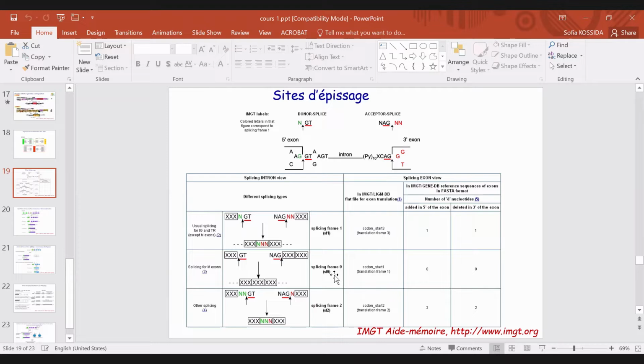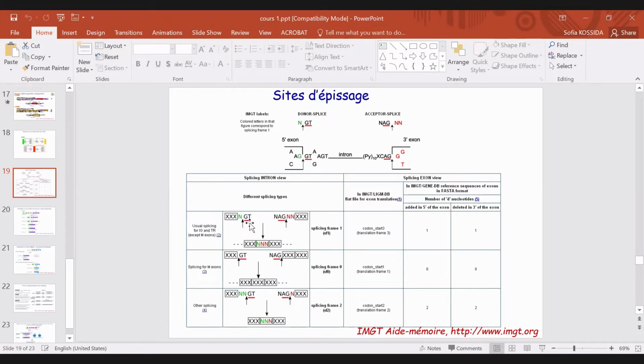The question we will have will be equivalent to: which splicing frame is it? You should be able to understand and give the correct answer. How will you decide which among the 3 splicing frames is the correct one? The answer is here.